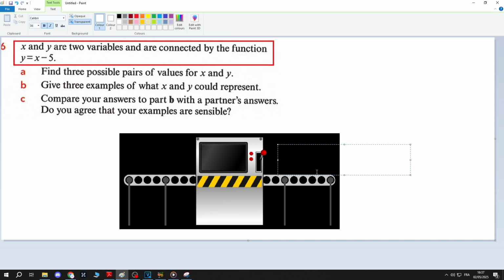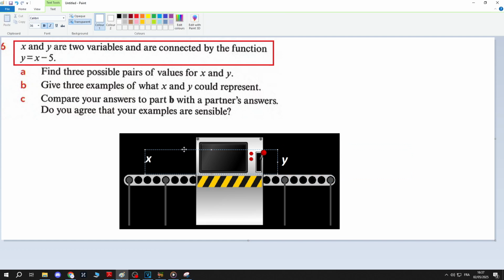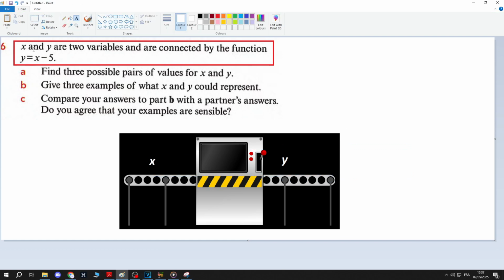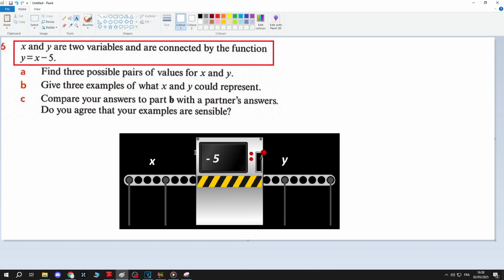Y is usually at the end of my conveyor belt, and x is usually at the start of my conveyor belt. And I know that if I subtract 5 from x, I will get y. So this is the function of my machine. X minus 5 equals y. So as soon as I understand this, all of the other questions will probably be very easy to solve.